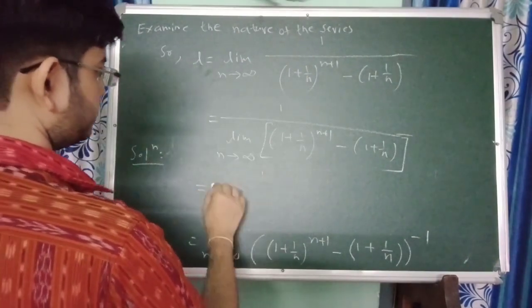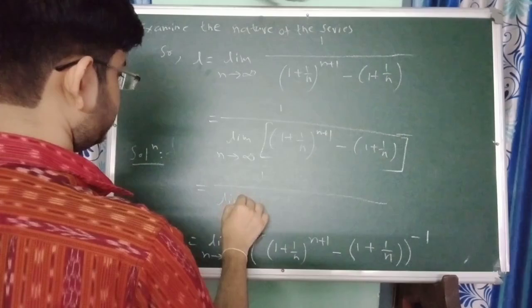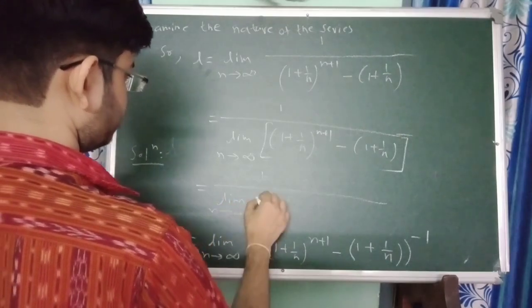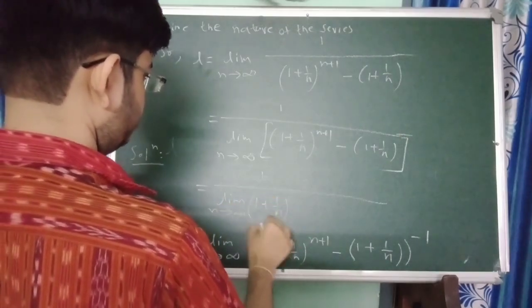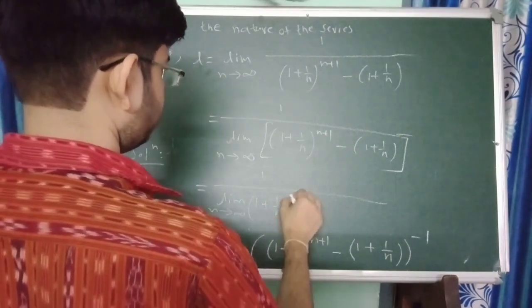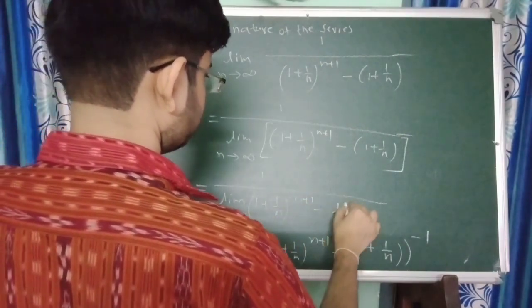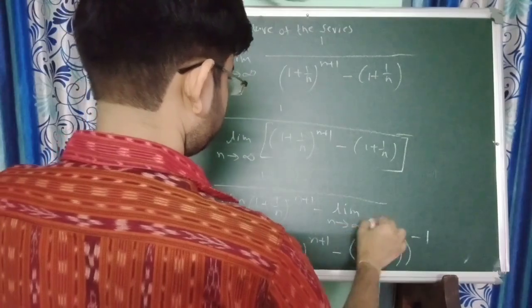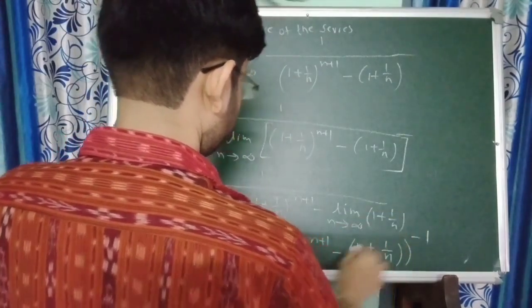Now if we take the limit inside, then limit n tending to infinity of (1 plus 1 by n) to the power n plus 1 minus limit n tending to infinity of (1 plus 1 by n).